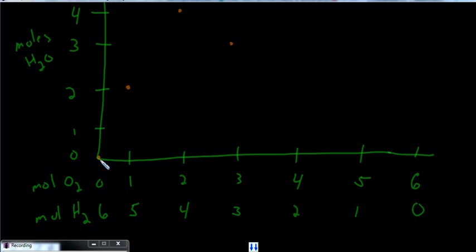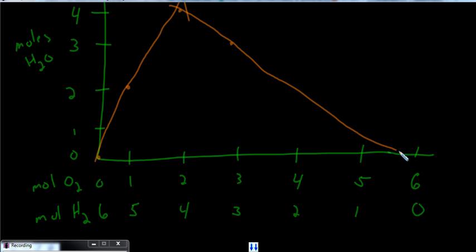So what you should do is get a ruler out, and create a line which goes roughly along all of those points, and then create another line which goes roughly along all the other points that you would collect. And where that line intersects, that describes the ideal ratio of those reactants together.